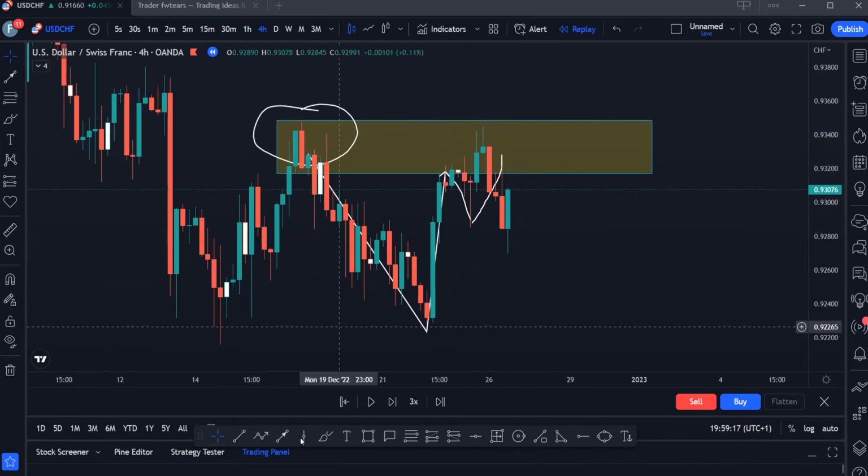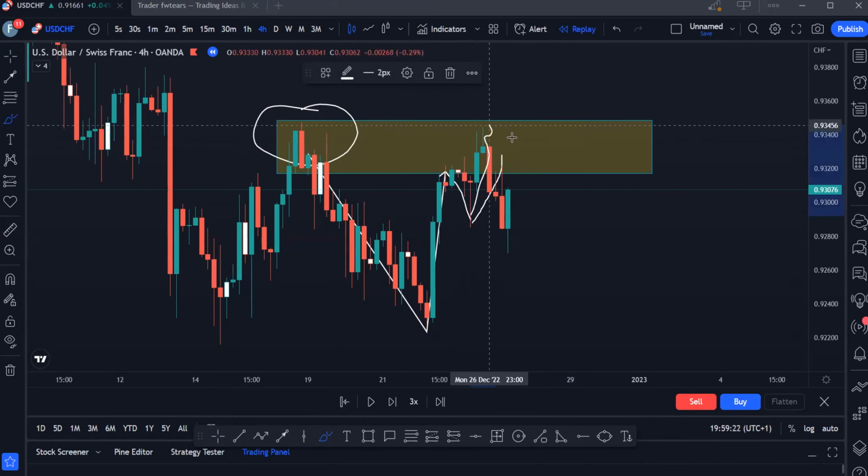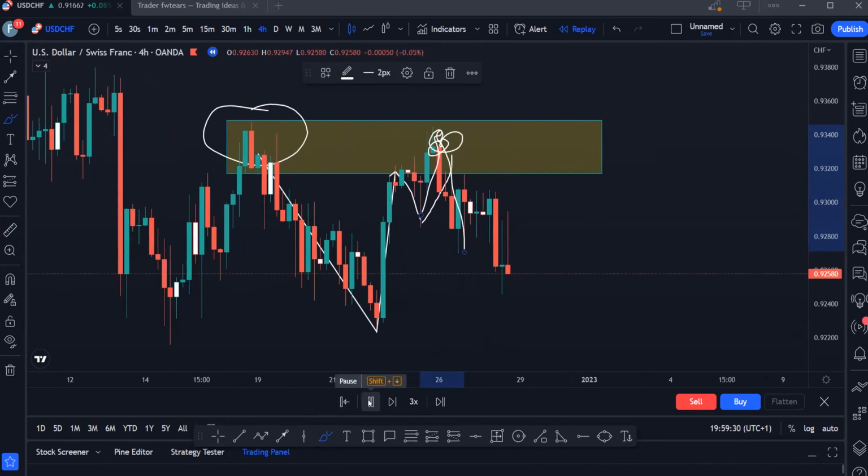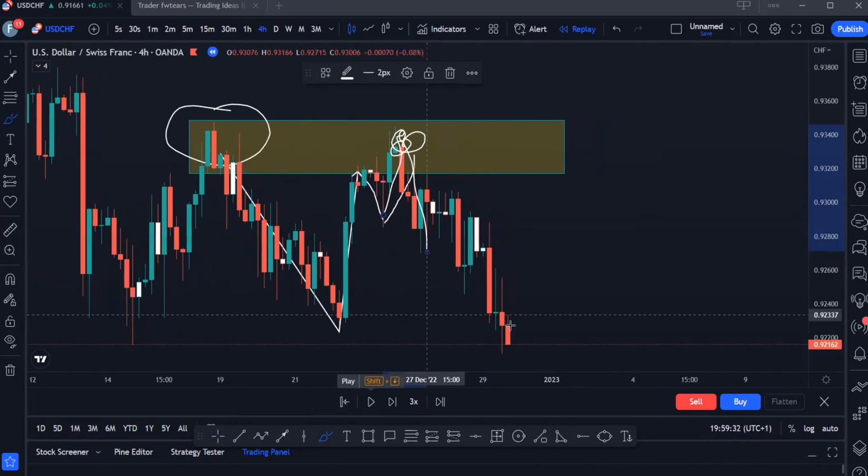I see when price came up like this, ultimately this resistance zone pushed price all the way down, and price kept going down for a while. You can see this move started from a resistance area, so that's why we sell at resistance and then we buy at support.